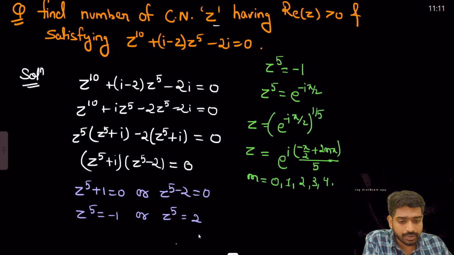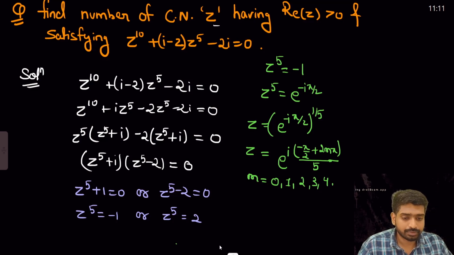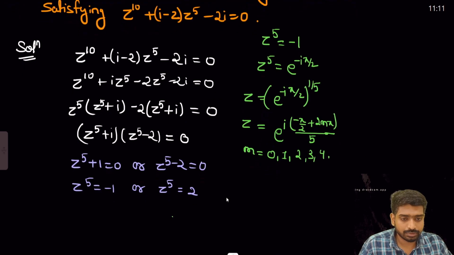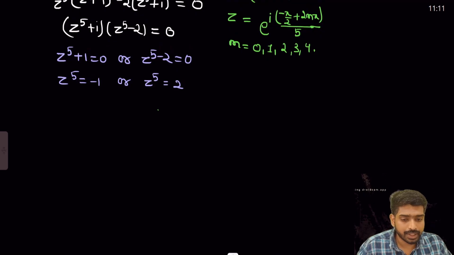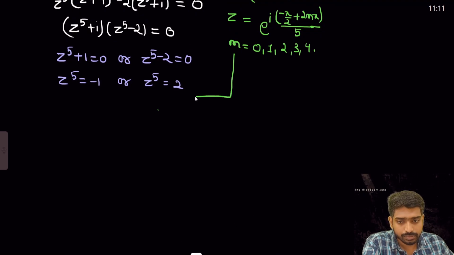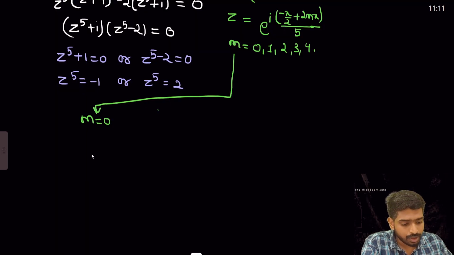We'll write what are the values which we got. When I keep m as 0, this term will become 0, and we get minus pi by 2 by 5, so I'll get e to the power minus iota pi by 10.